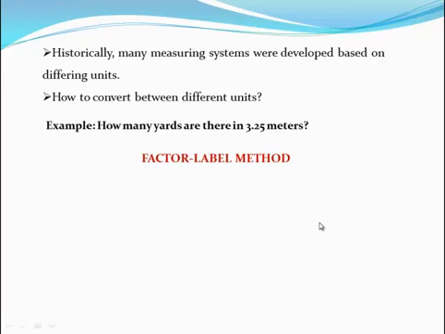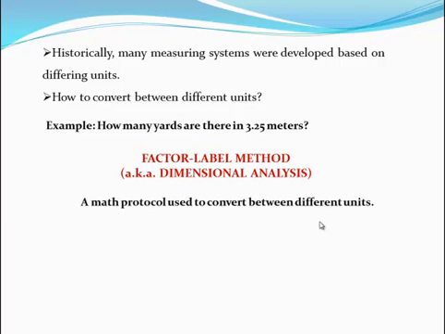The method I'm going to teach you today is called the factor label method, sometimes known as dimensional analysis, and sometimes referred to as the monkey bar approach. This is a math protocol used to convert between different units if the conversion factor can be established, if the relationship is direct. We'll talk more about that later.